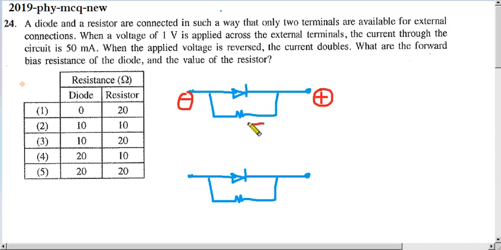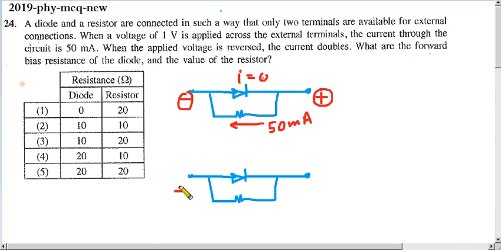No problem, this resistor conducts, because it has no polarities. Whatever the terminal we give, positive or negative, it conducts. So what happened to this diode? Now the diode is reverse biased, so the current through this diode is 0. So this must be the first incident. So 50 milliampere goes through this resistor only.